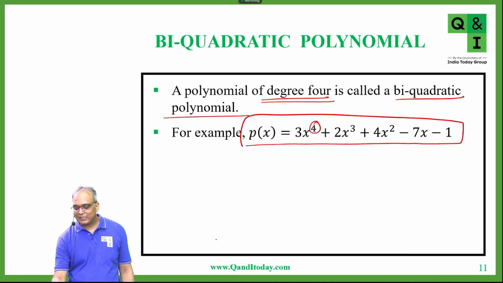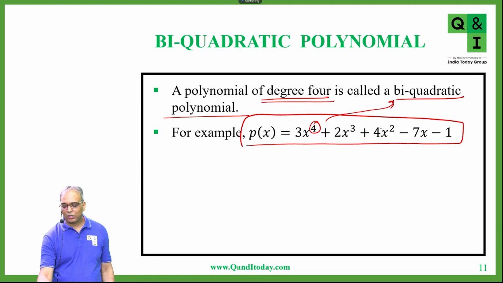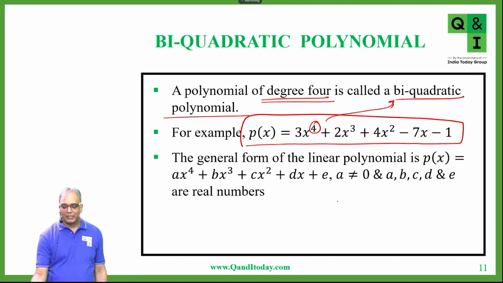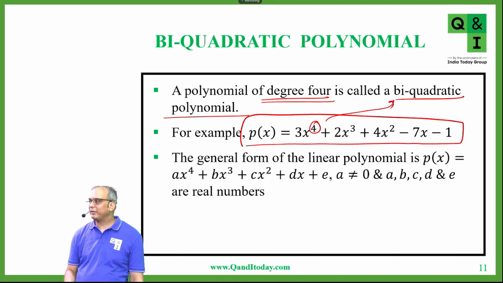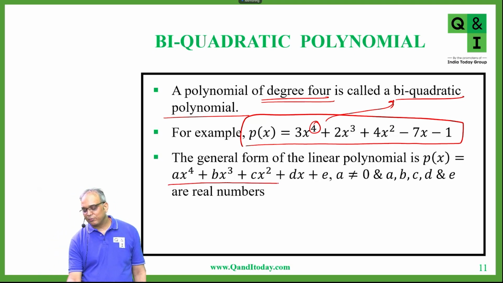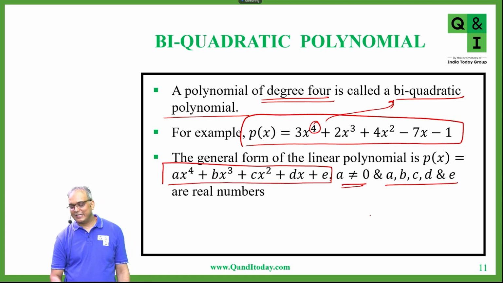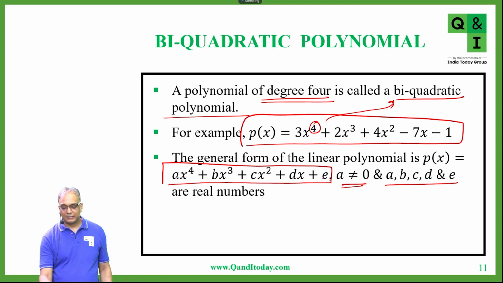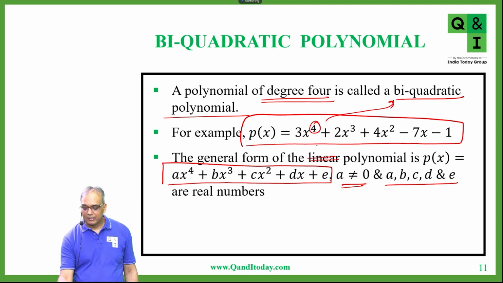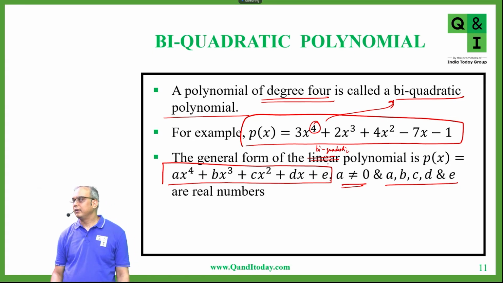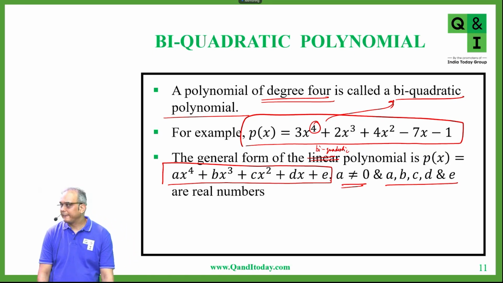Here the degree is 4, and that's why this is called a biquadratic polynomial. The general form of a biquadratic polynomial would be p(x) equal to ax4 plus bx cube plus cx square plus dx plus e, where a is not equal to 0 and a, b, c, d and e are real numbers. Is it clear? Quickly note this down.